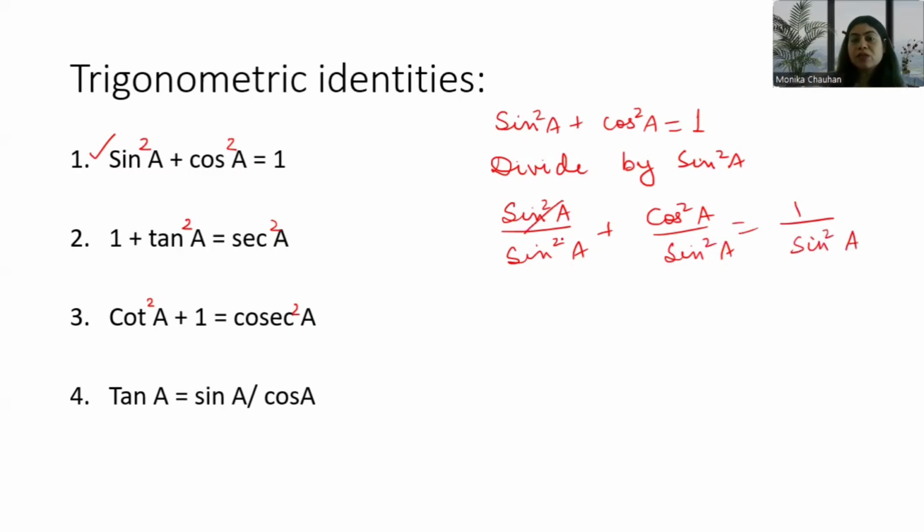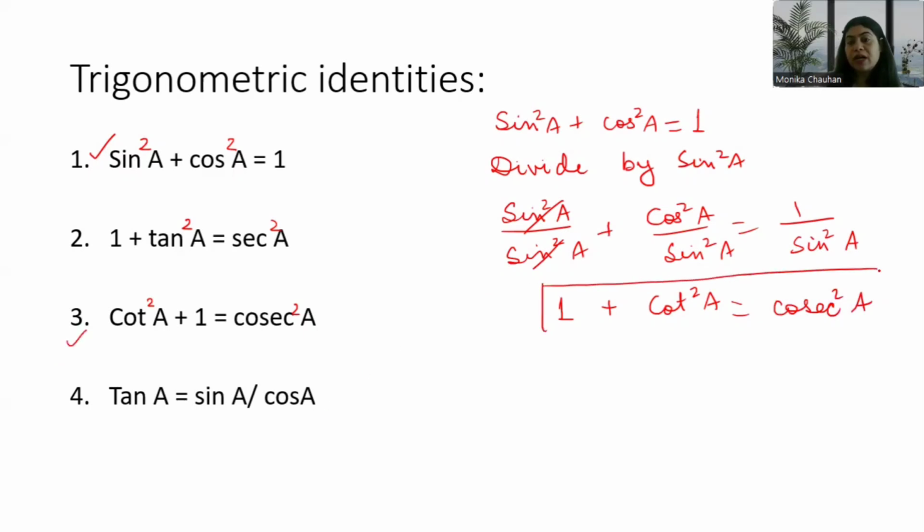Sine square A upon sine square A becomes 1. Cos square A upon sine square A becomes cot square A. Remember I told you? Okay. So cot is the reciprocal of tan. Tan is sine upon cos. So it becomes cot. And 1 upon sine square A is cosec square A. So you got this third one. Okay. So that's how you will prove it and remember it if you don't know.